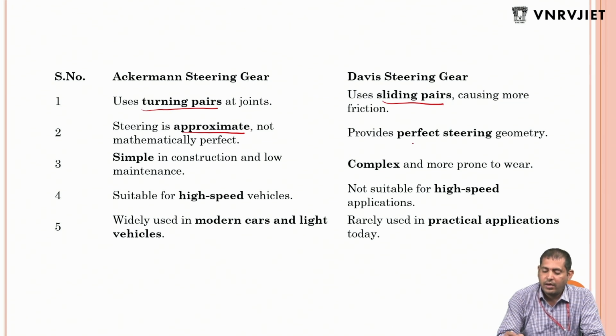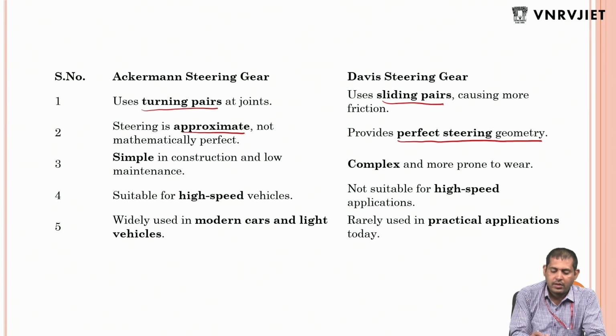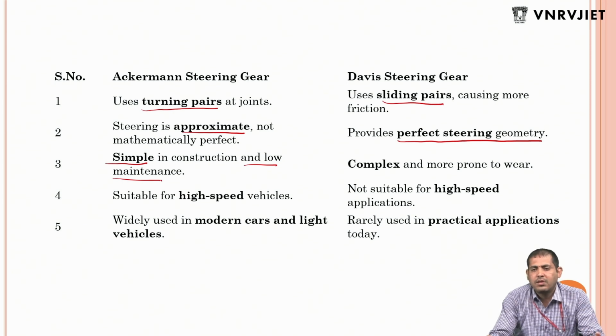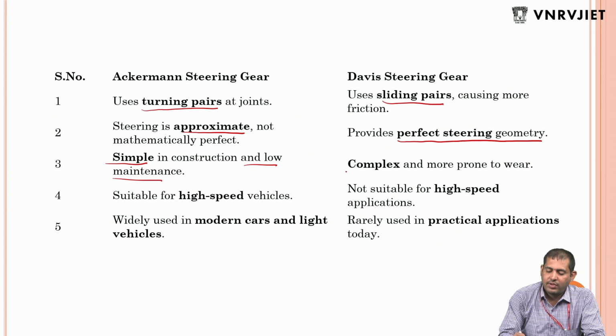Davis provides perfect steering geometry because we are using sliding pairs, so it is more accurate. Ackermann has simple construction and low maintenance because of the turning pairs. If sliding pairs are there, it is complex as well as more prone to wear, and it requires some maintenance.